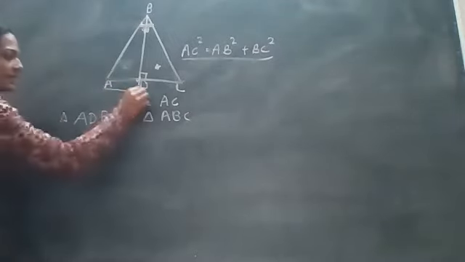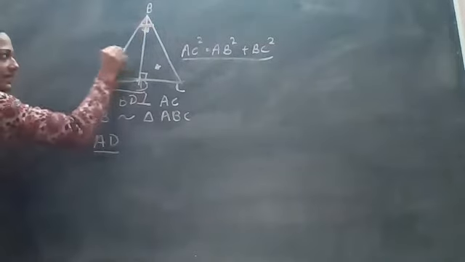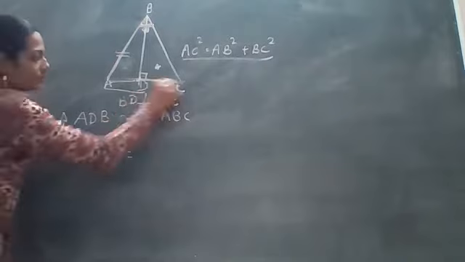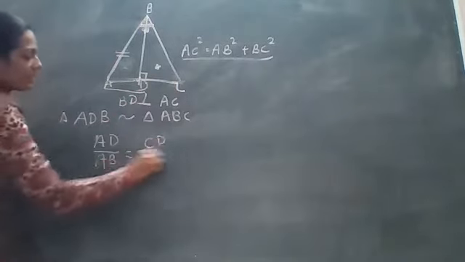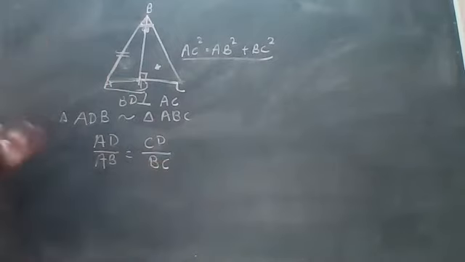So here we get AD upon whole AB, with this one the full. So AD upon AB is equal to CD upon whole BC. Clear this much? Yes, ma'am. AD upon AB we can write CD upon BC.